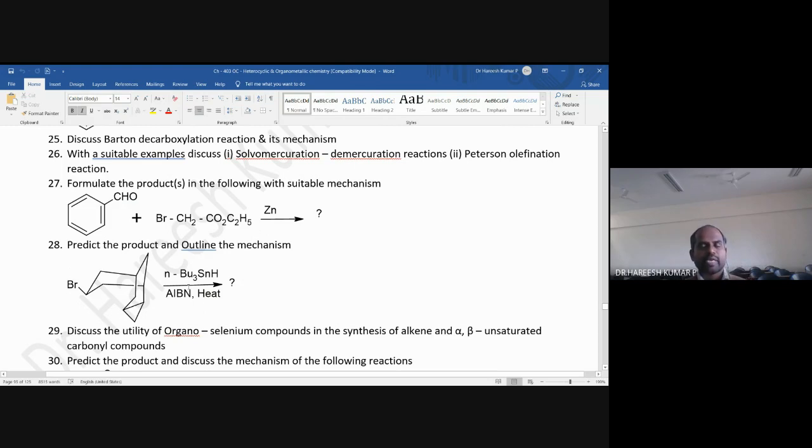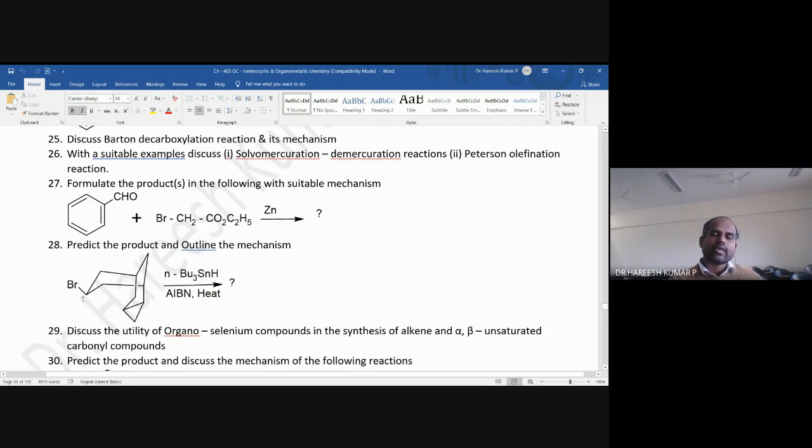AIBN is a radical initiator. Once there is a radical initiated, what will happen? That radical initiated one breaks this tributyl tin hydride. This tributyl tin hydride breaks by homolytic cleavage, forming a radical here.